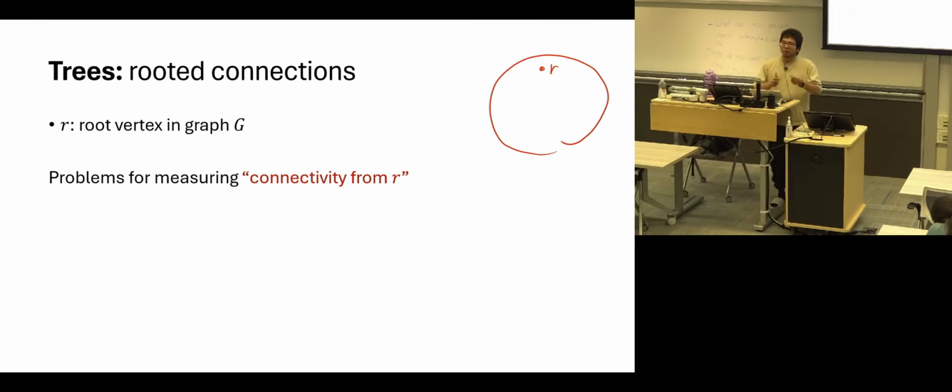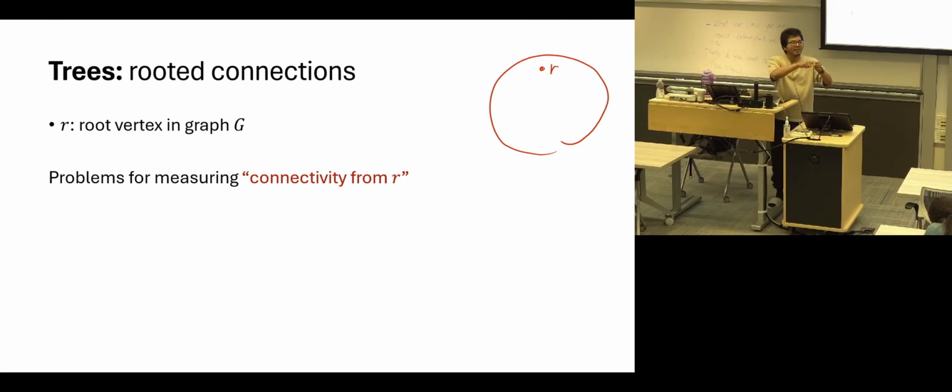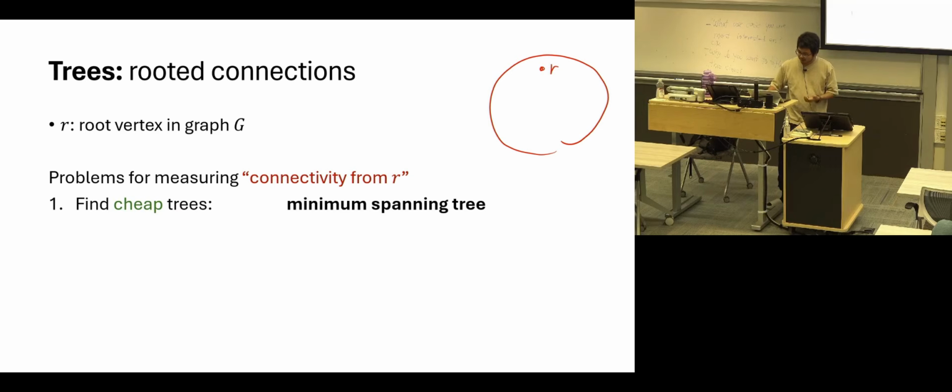Instead of sending one message from S to T, now you have one node R, and you want to broadcast information from one node to the rest. So you ask how well this one node is connected to the rest.